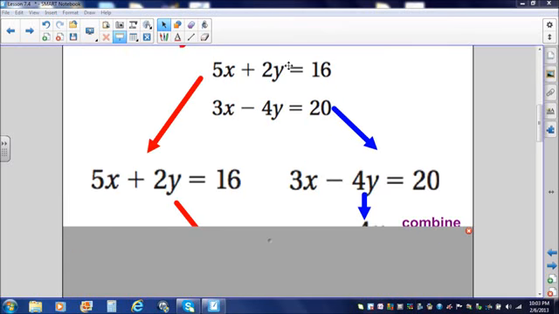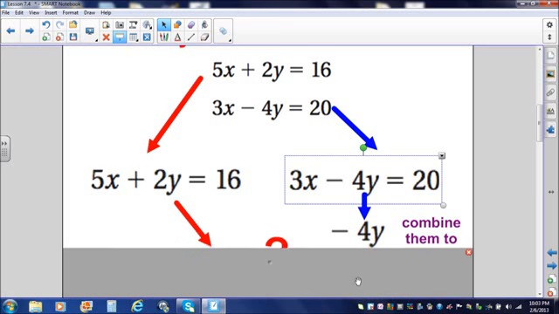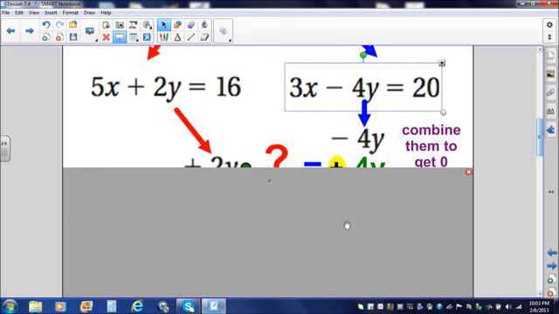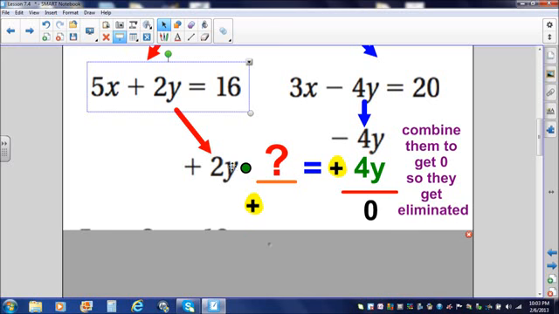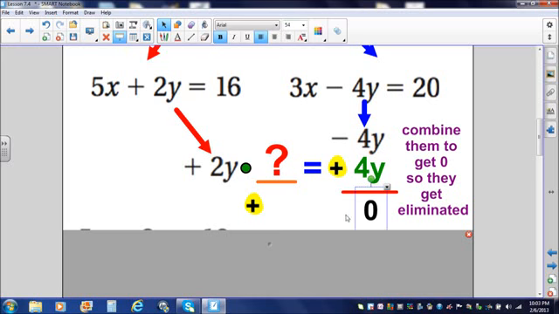So I've taken my system of linear equations and I've written one linear equation on the left and one linear equation on the right. I'm going to ask myself, how could I take this 2y and get it to be plus 4y? Because if I can change the 2y to positive 4y, when I combine these terms, they get eliminated, or they will give me 0, because a negative 4 and a positive 4 give me 0.